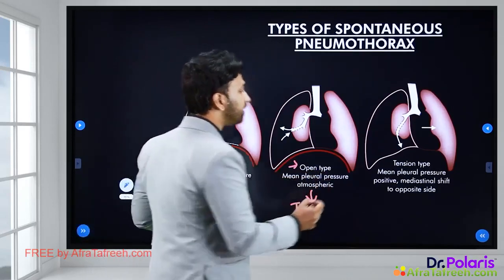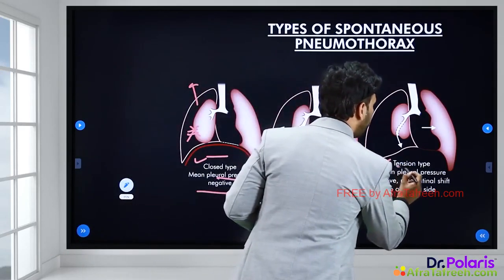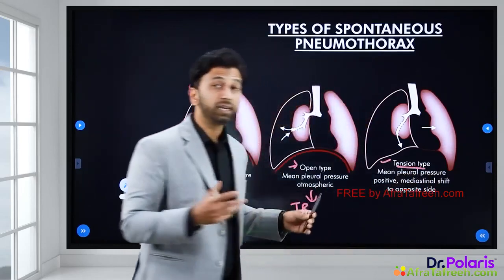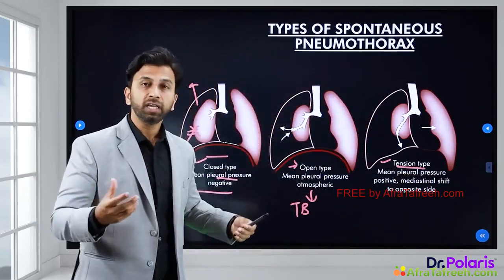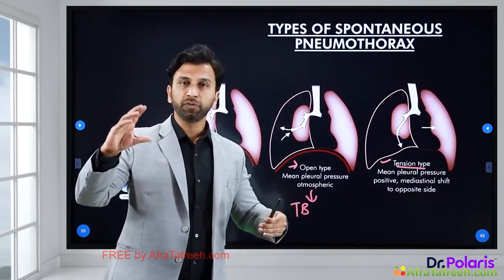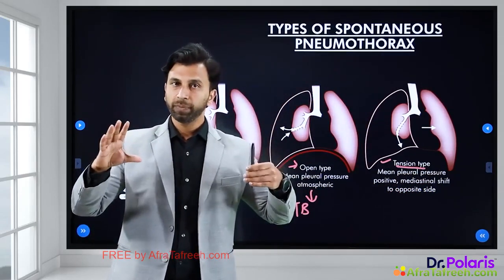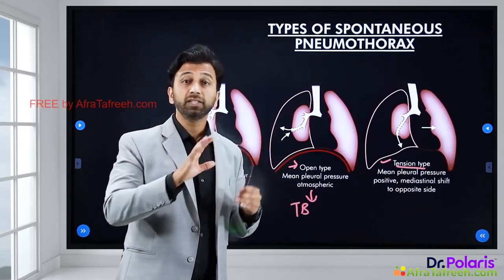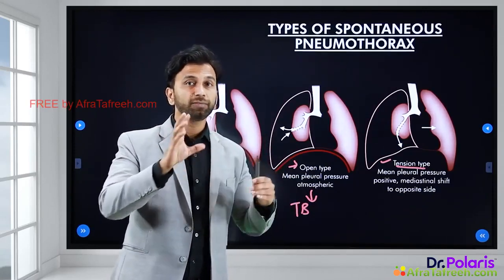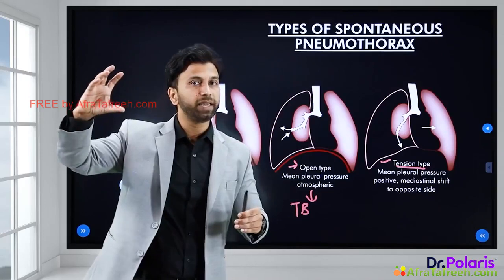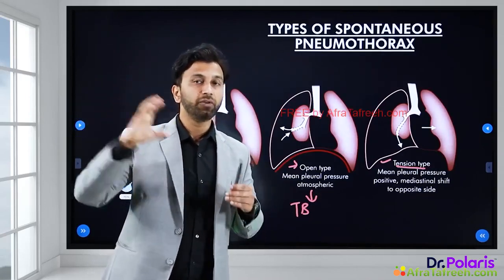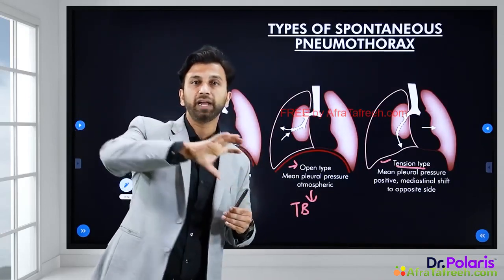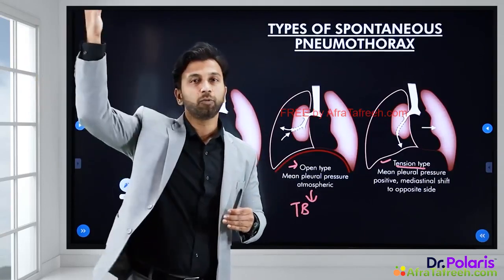And the third and the dangerous variety is called the tension type. As I told you, here it acts like a valve. There is a communication between the pleural space and the alveoli, but it is a valve-like communication. Here there is only entry of air from the alveolar space into the pleural space during inspiration. During inspiration, air moves from the alveoli into the pleural space and increases the pneumothorax.